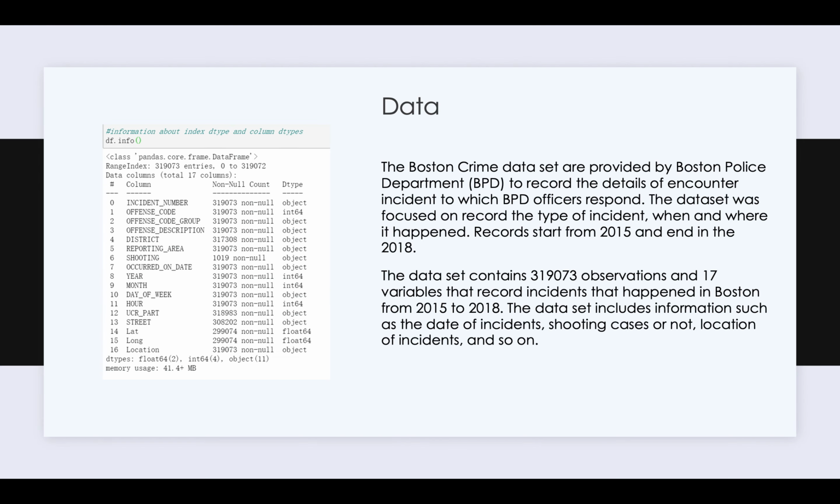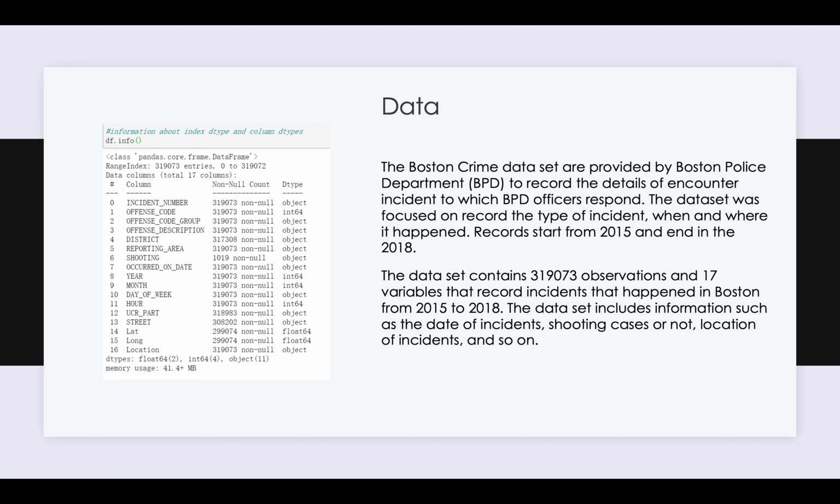So this is the dataset itself. On the left side, you can see the information about the columns and the shape of the dataset. It's a really large dataset with more than 31,000 entries and 17 columns.